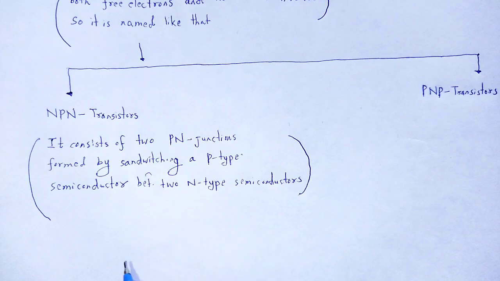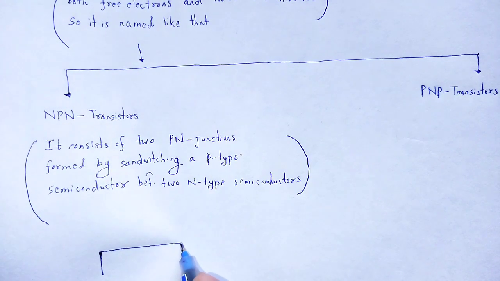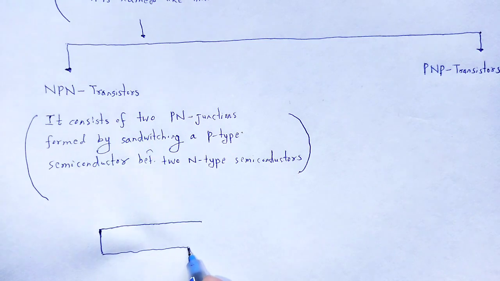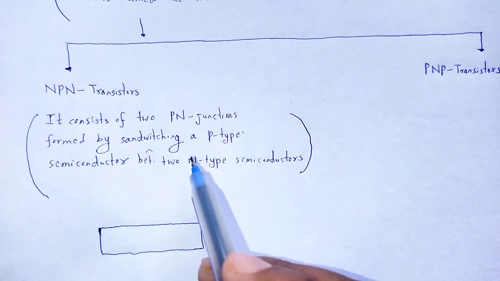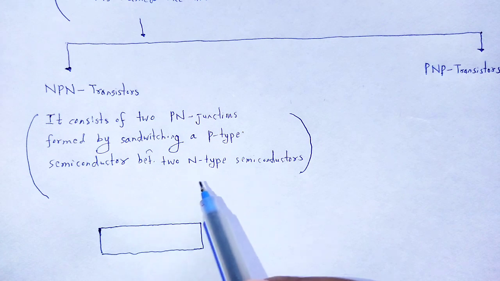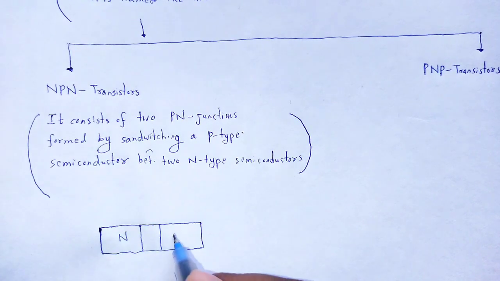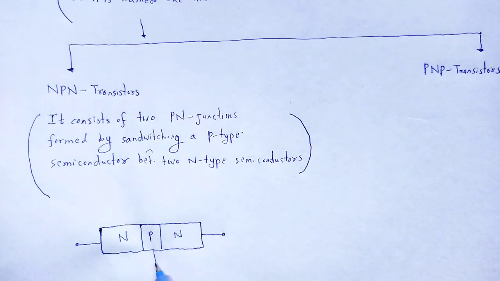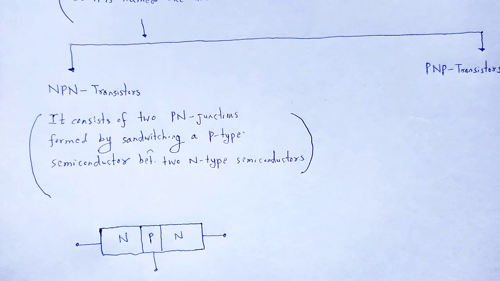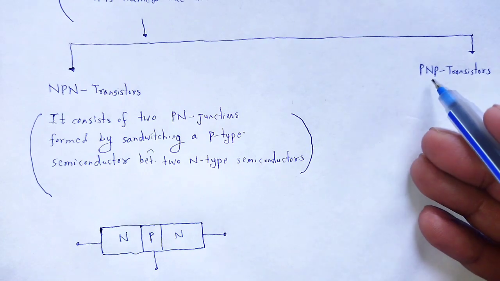In the figure we show it. In that, P type is sandwiched in between two N type semiconductors. Then we obtain an NPN transistor.